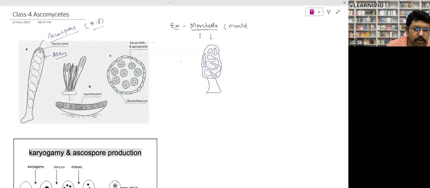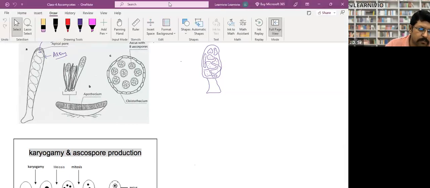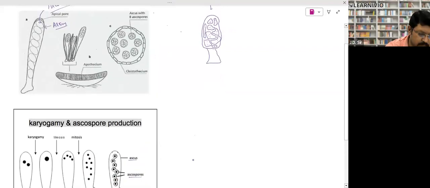So this is the morel or morcella. So it's a part of ascomycetes. Fine. So the mycelium.